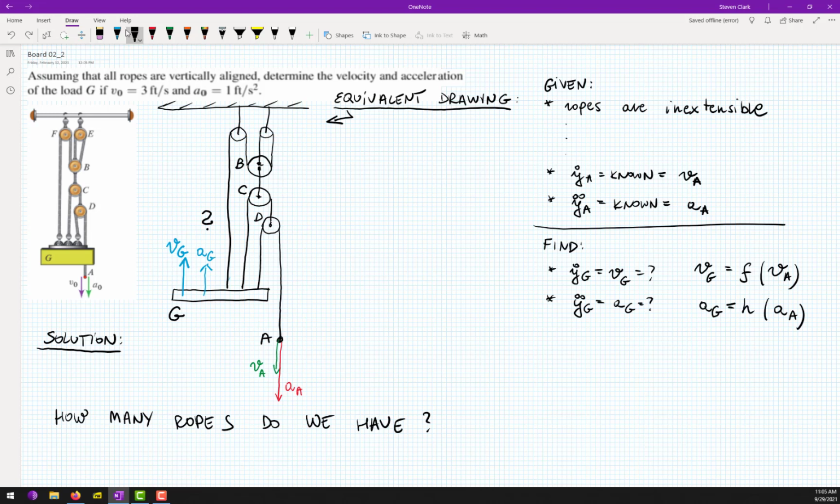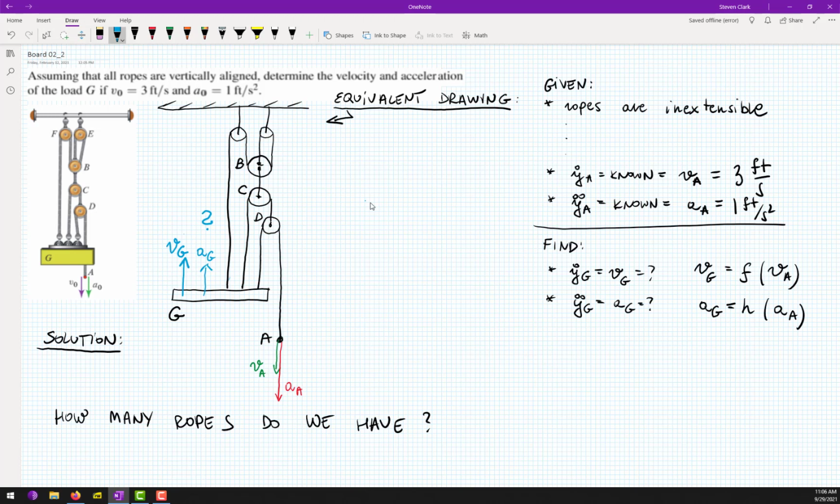We know everything about the velocity and acceleration of this point A. I even forgot to put numbers here, so it should be 3 feet per second and 1 feet per second squared. And they ask us to find VG and AG of that block. That's all, and all the ropes are inextensible.